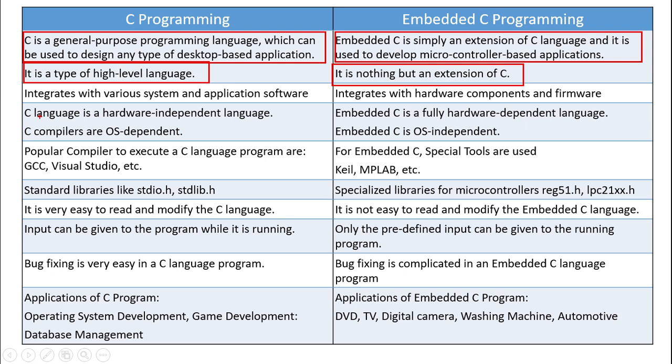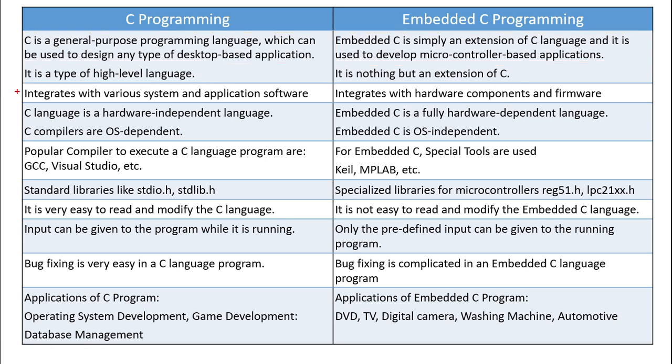The second major difference between C and embedded C is integration. C programming will integrate various software applications or software components. It integrates various systems and application software in the case of C programming. In the case of embedded C programming, it will get integrated with the hardware components and firmware.